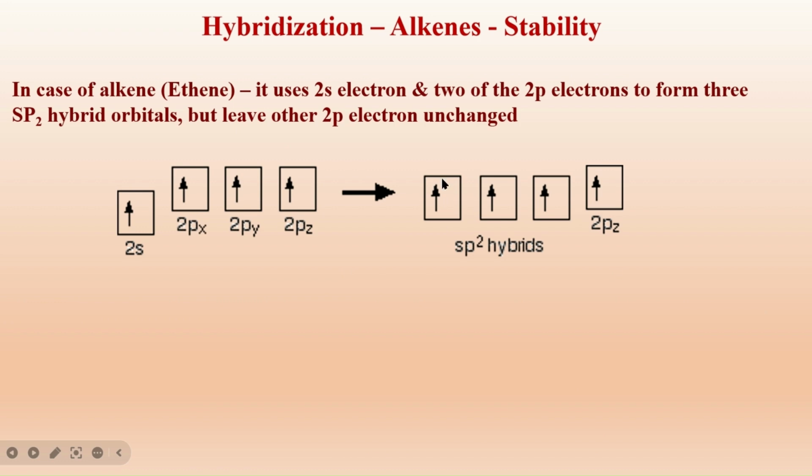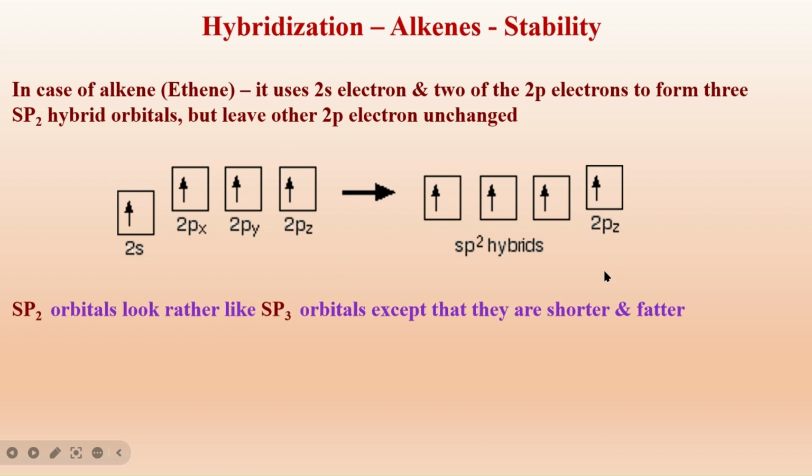That's why overall it is more stable than the p electrons or the s electrons. These three sp2 hybrid orbitals look like the sp3 orbitals, but they form bonds which are shorter and fatter.